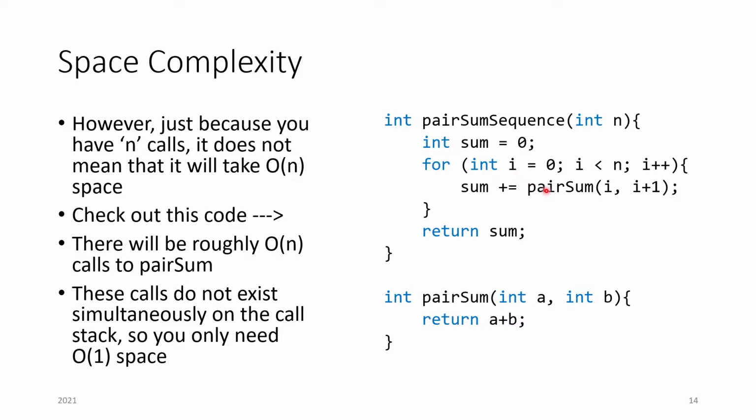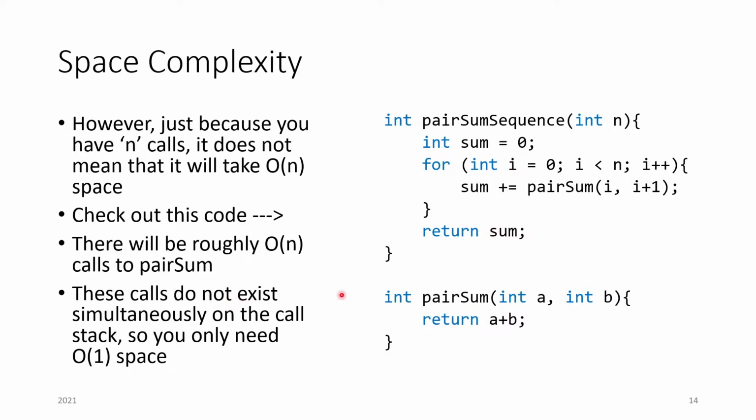So each function call here, once it finds its result and stores it in sum, means that the function is finished executing. It doesn't rely on any other previous or future values, and it can just exit until the next iteration in the for loop.